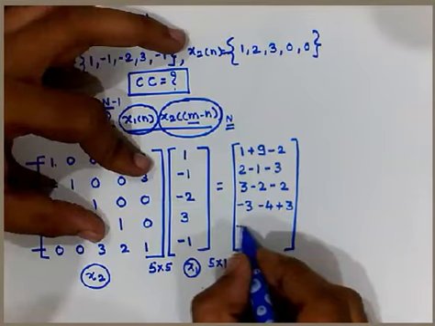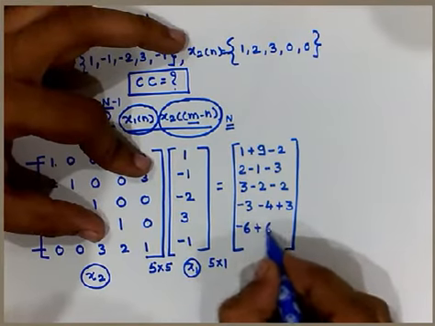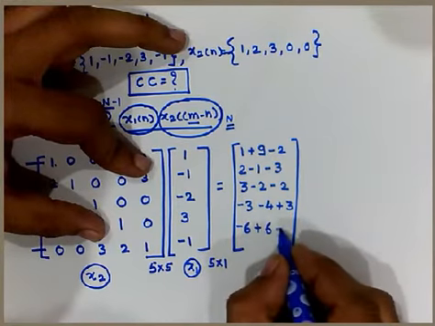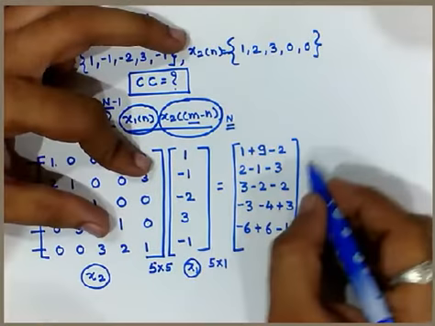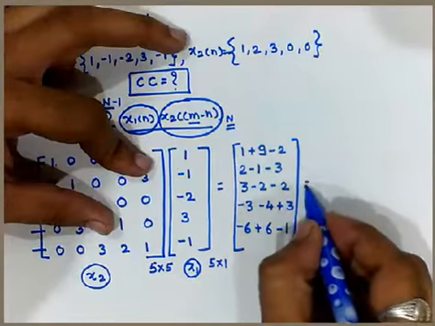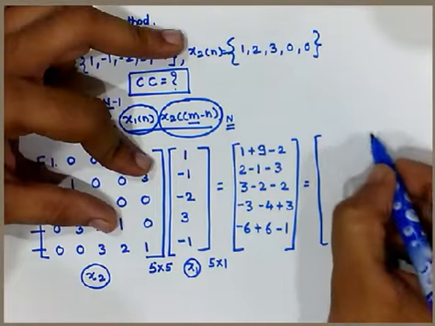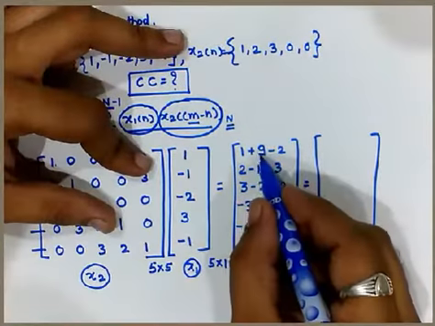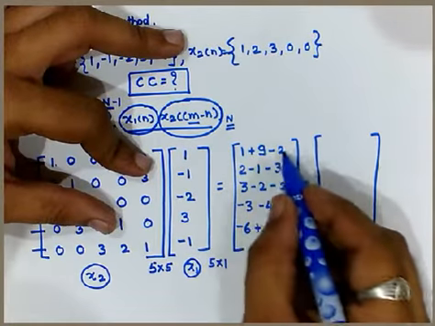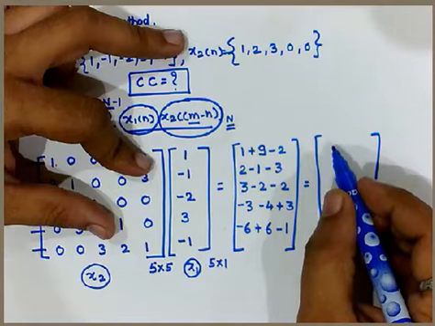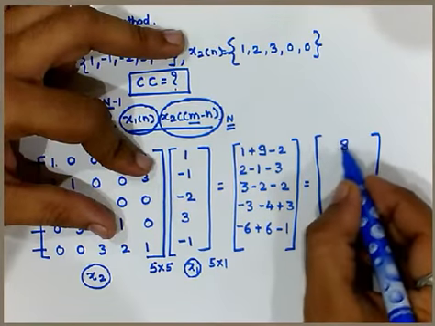Lastly it is minus 6 plus 6 minus 1. This results in a value of 10 minus 2, that is 8.